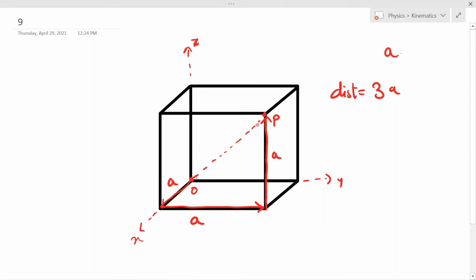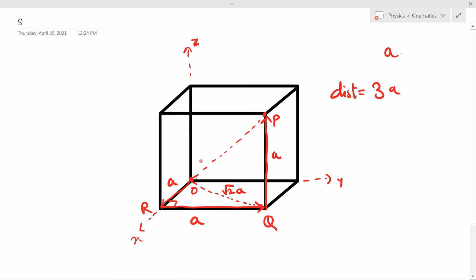Now how to know the magnitude of this? So let me draw the straight line here like this. So let's say this point is Q, and let's say this point is R. So this triangle ORQ is a 90-degree triangle, that is angle ORQ is 90 degree. So what is this? This will be root 2A by using Pythagoras theorem, and this is A again.